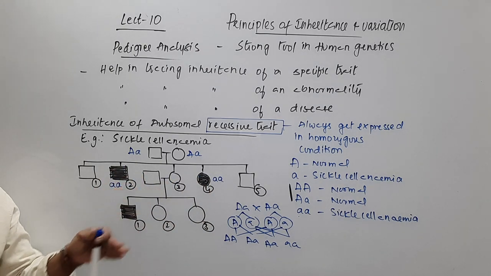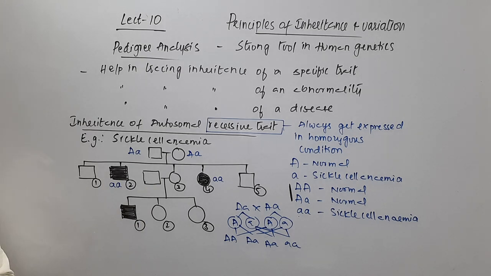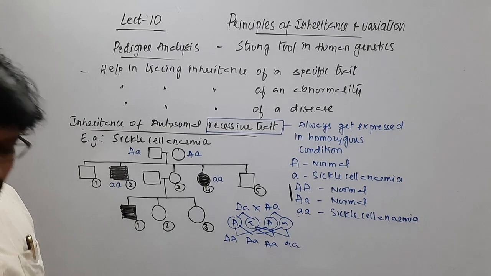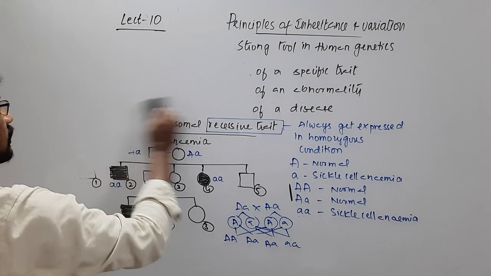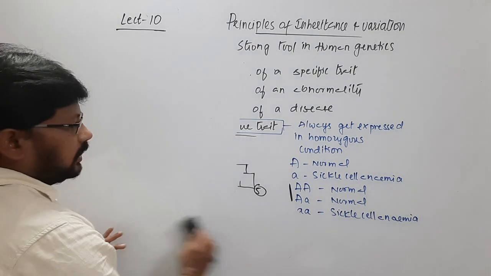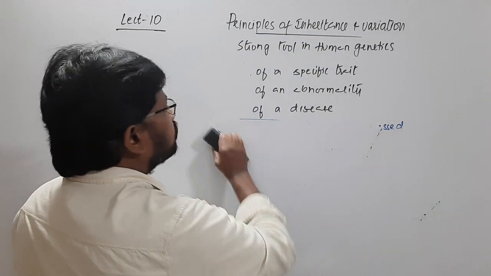The others will be either homozygous or heterozygous. So this is the inheritance of an autosomal recessive trait. That's all about pedigree analysis. We'll see the next topic, genetic disorders.